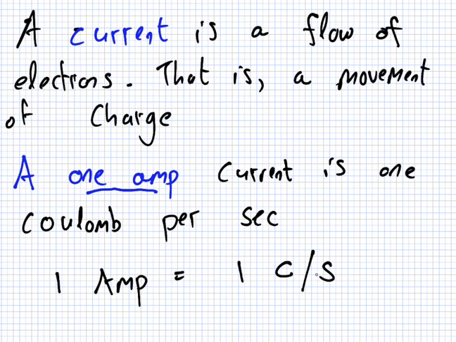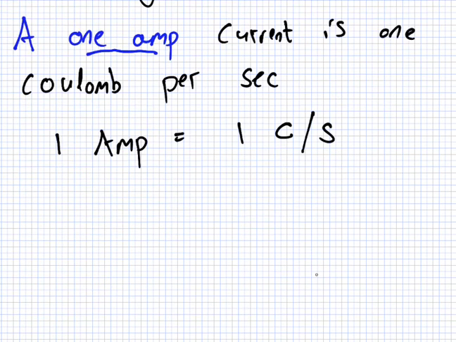So we have our first formula using this definition. This is charge, and it equals current multiplied by time.